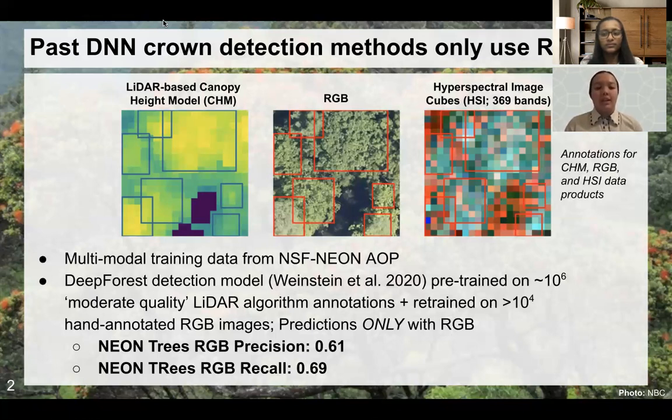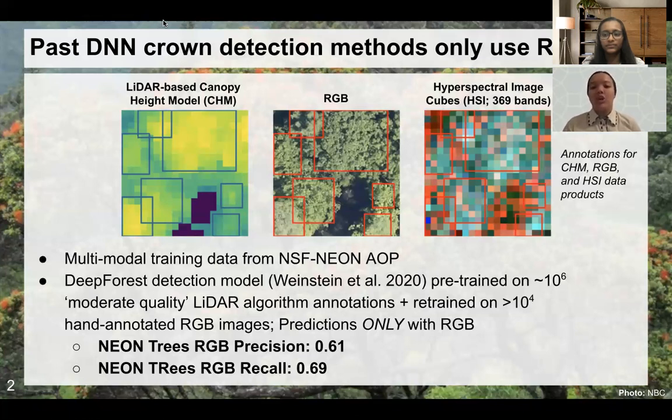One of the really premier models that has been applied to problems in tree crown detection is the DeepForest model from Weinstein et al. in 2020. This was pre-trained on millions of moderate quality LiDAR algorithm annotations, and then retrained on about 6,000 hand annotated RGB images.